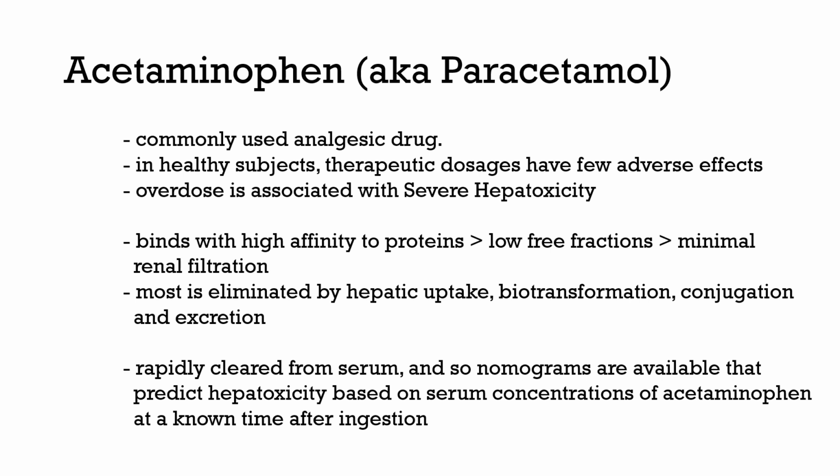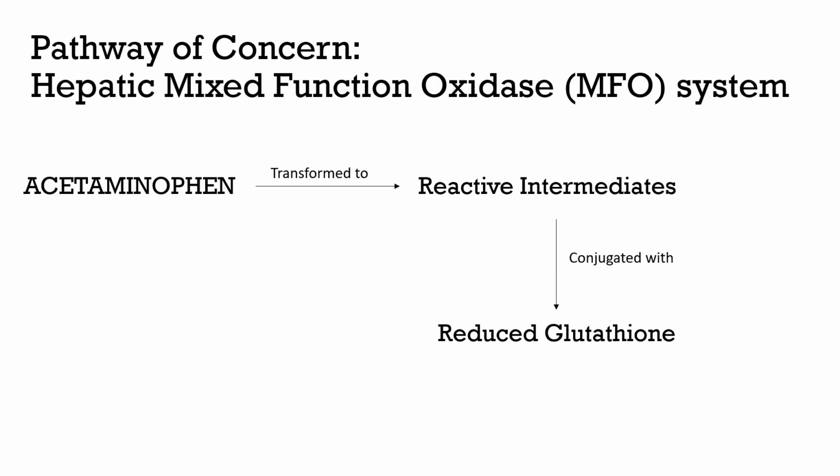It binds with high affinity to proteins, which would lead to low free fractions and minimal renal filtration. Most is eliminated by hepatic uptake, biotransformation, conjugation, and excretion, and rapidly cleared from the serum. And so nomograms are available that predict hepatotoxicity based on serum concentration of acetaminophen at a known time after ingestion.